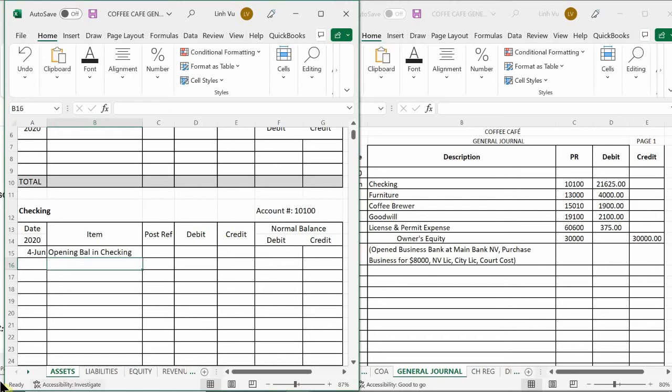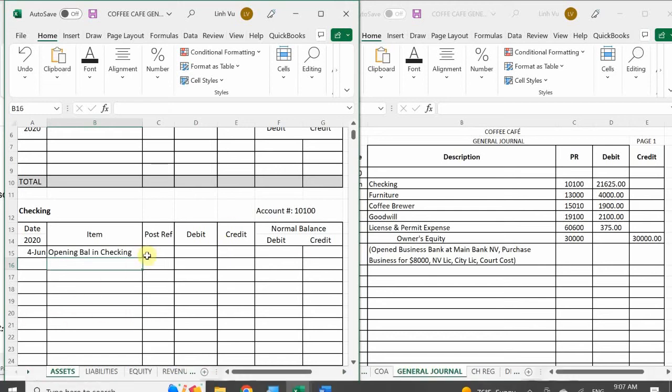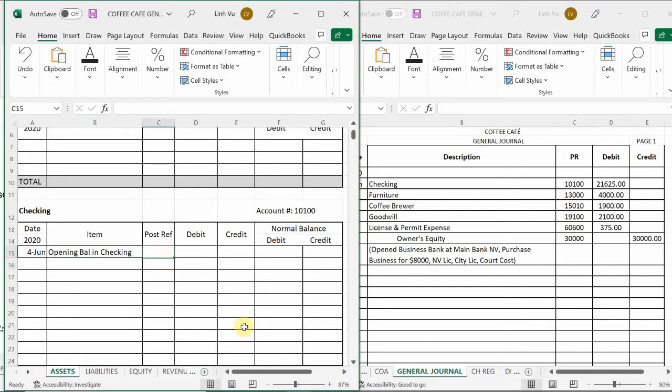Now, what is this post reference going to be? The post reference is going to be the journal page where this transaction is currently located. So which page of my journal am I on right now?